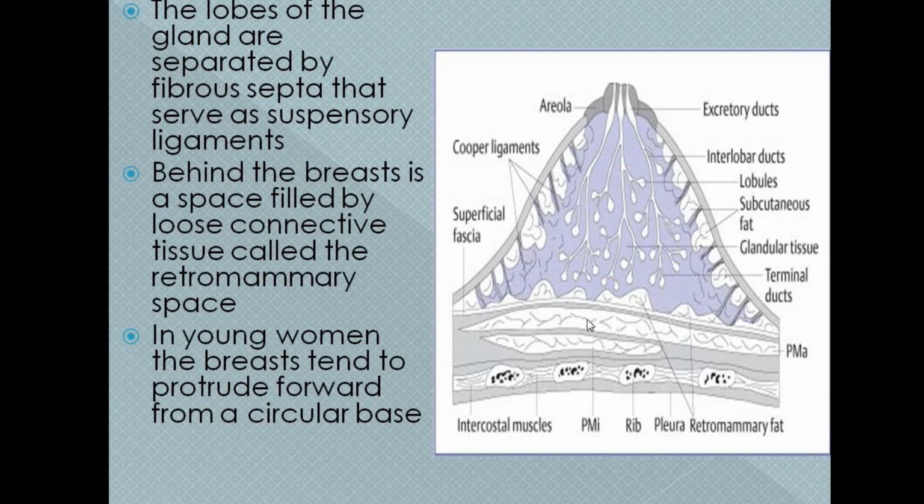Behind the breast there is a space between the breast and the deep fascia of the pectoralis major, and that space is termed the retromammary space. It is filled with a thin layer of fatty tissue and provides free movement of the breast over the anterior chest wall or the pectoralis fascia.